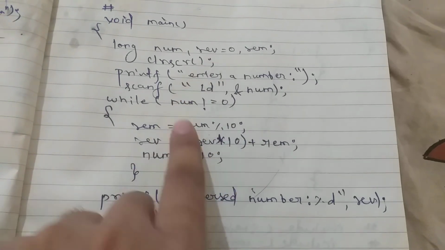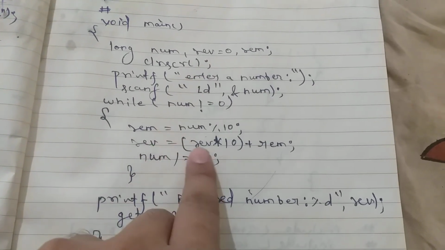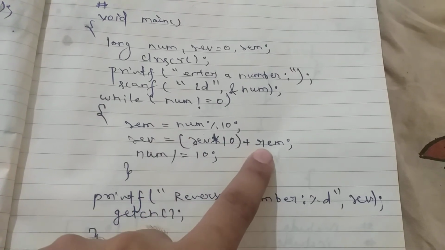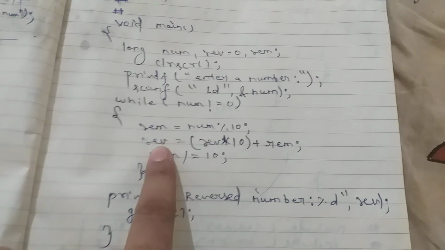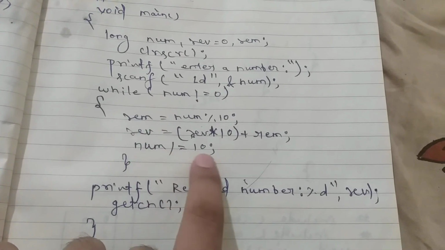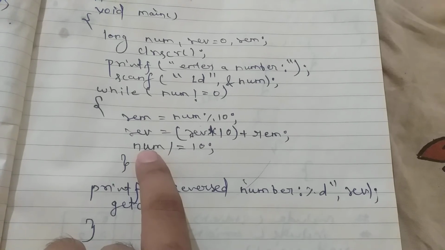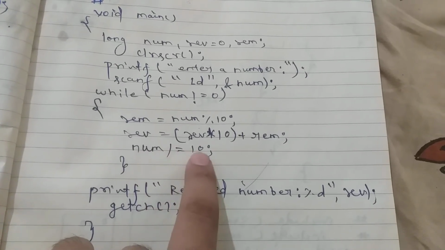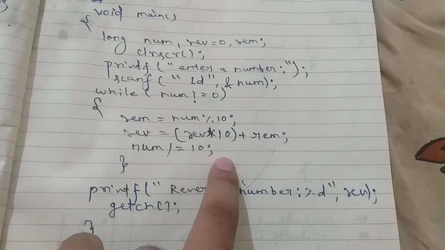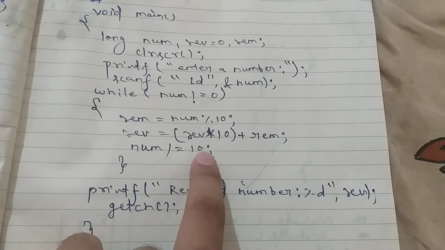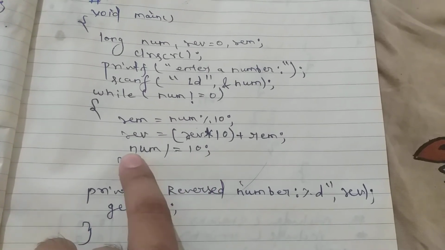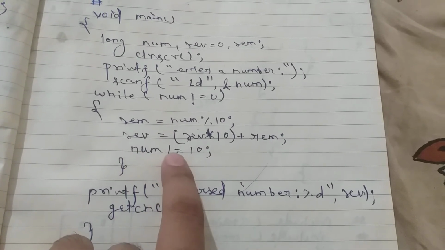Initially the value of reverse is initialized to 0. 0 into 10 plus remainder is 2. So the value of reverse is 2. After that, num equal to num by 10, that is 12 upon 10, which is 1.2, and its value will be 1 because the value after the decimal will be excluded. So the value of num becomes 1.